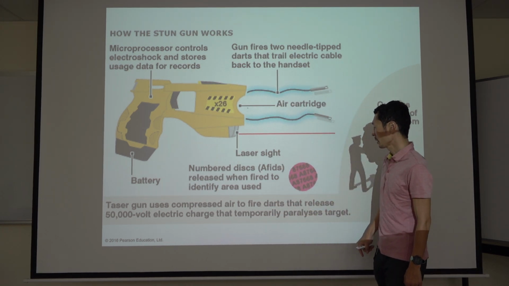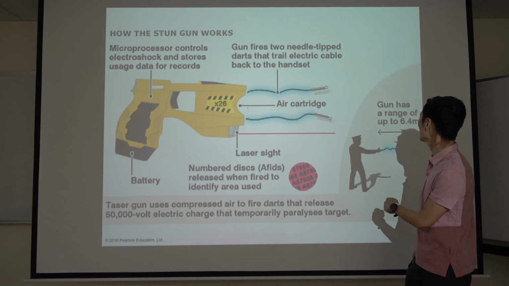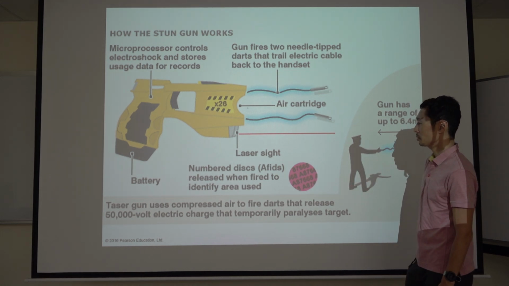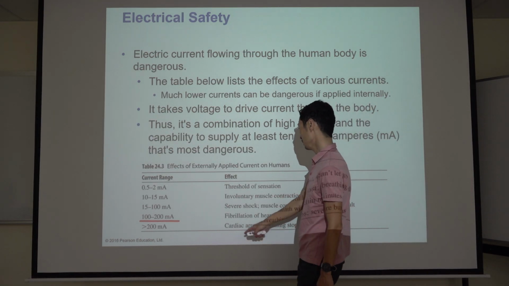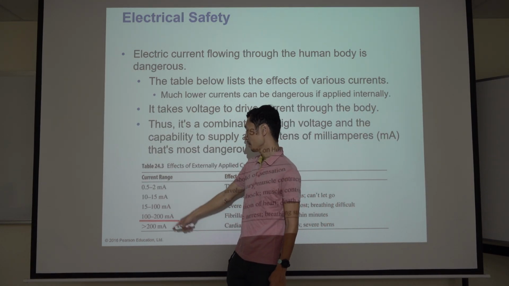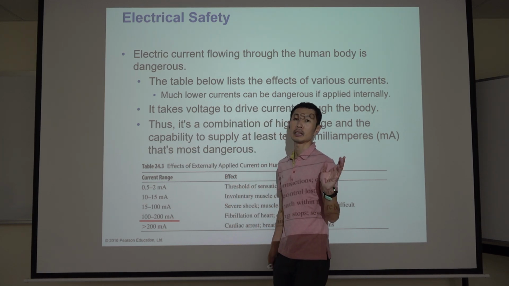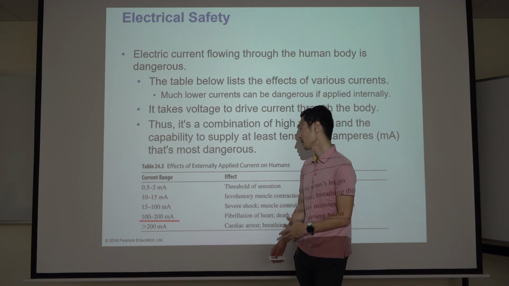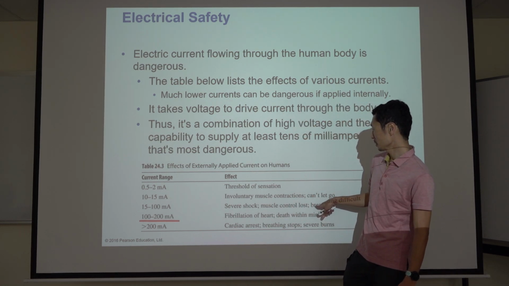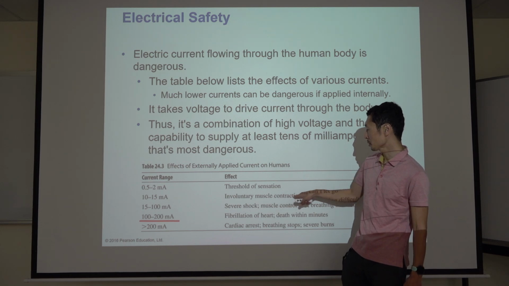This taser is adjusted to be below 100 milliampere. So it doesn't stop the bad guy's heart, but it shocks and causes muscle contraction.